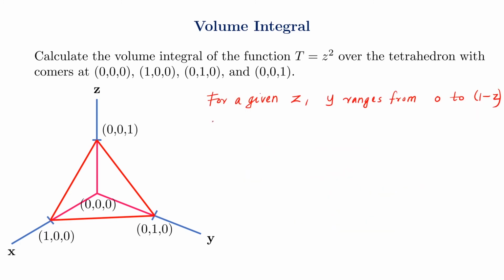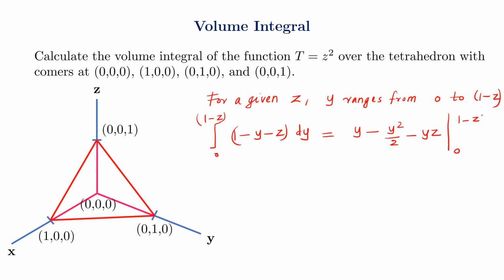For a given z, y ranges from 0 to 1 minus z. So the y integral is the integral from 0 to 1 minus z of (1 minus y minus z) dy. This is equal to y minus y square divided by 2 minus yz within the limits 0 to 1 minus z.